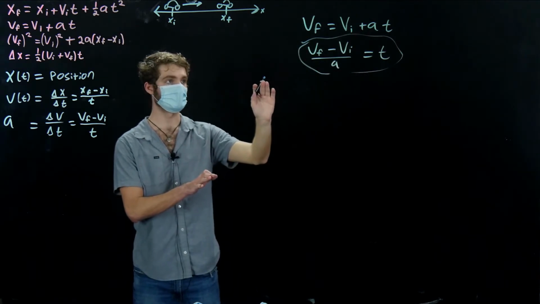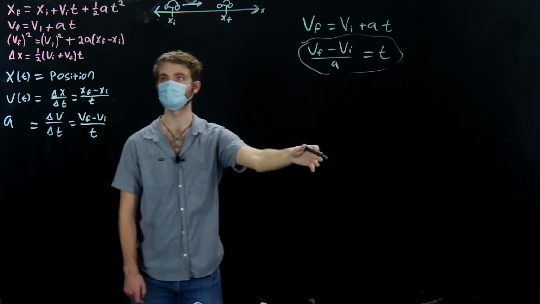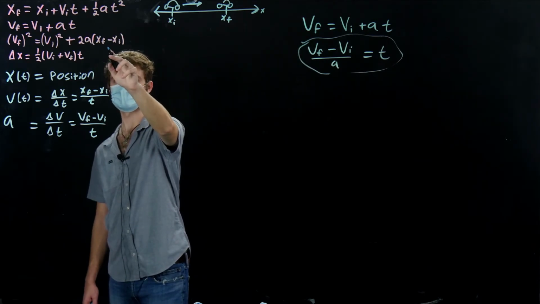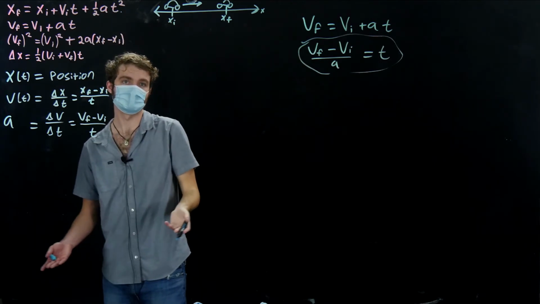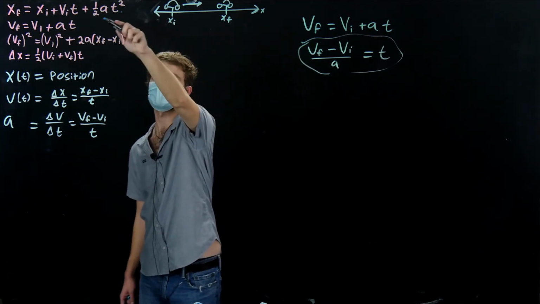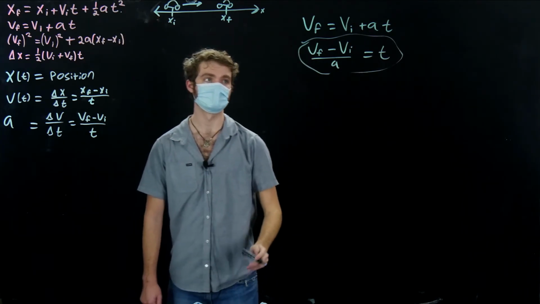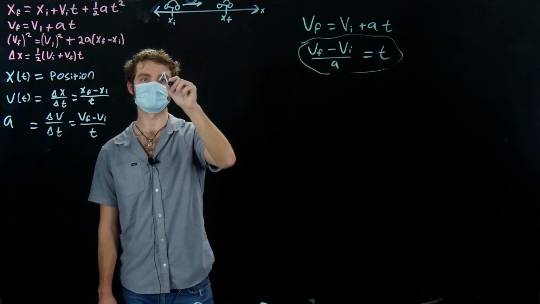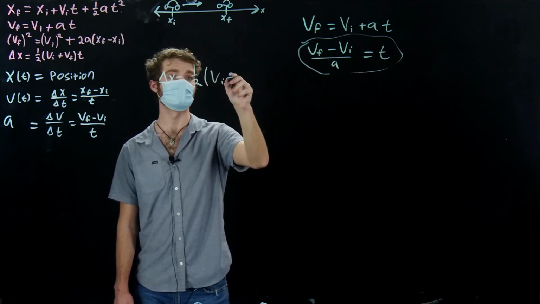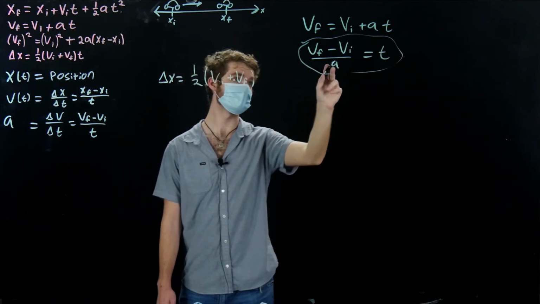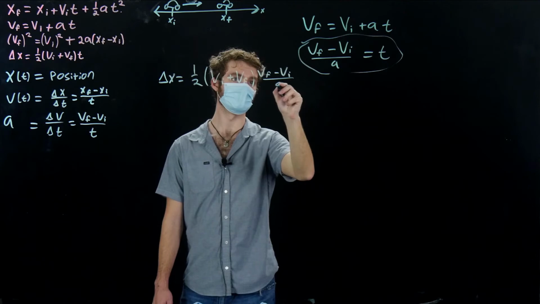So using that algebra'd out value of what t is, we plug it into either this equation or this equation, and we can do whichever we want, but this one's a lot more math. It has a t squared value. Don't want to do that. So we just plug it into this equation, but either works. And we have delta x equals 1/2 v initial plus v final times this v final minus v initial over a.